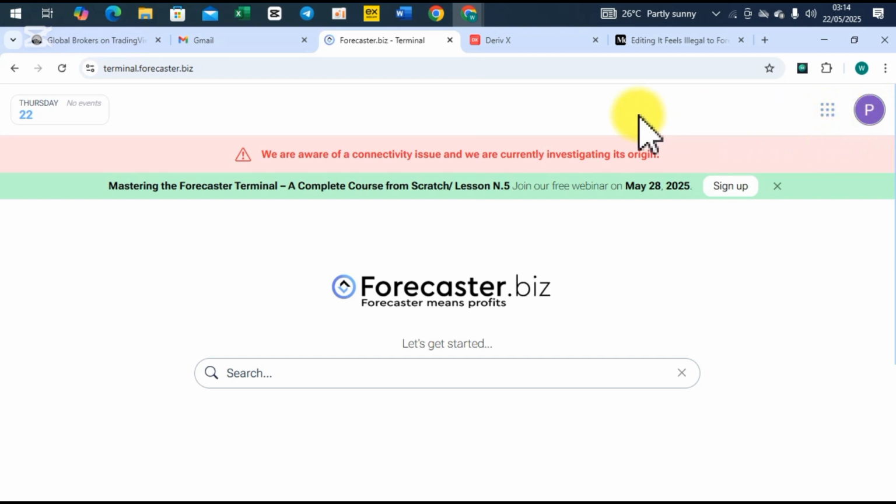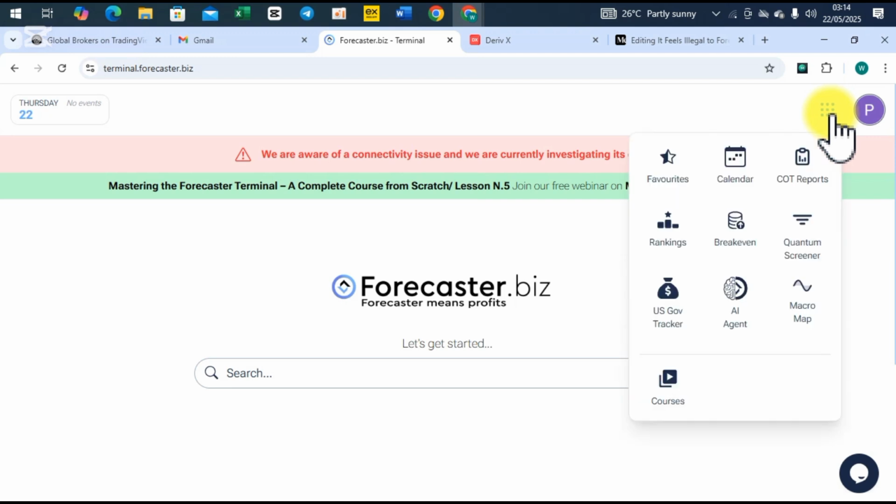So it looks as if there is nothing going on, because if you look at the interface, you may think there is nothing going on. So I want you to go to the square dotted box at the top right corner here and click there. So you're going to see a whole lot of features here, which are very, very amazing.